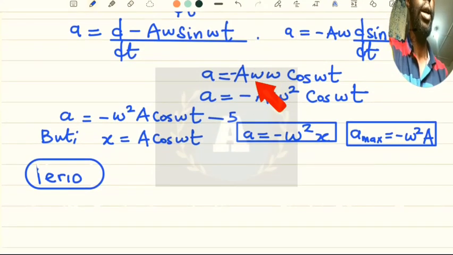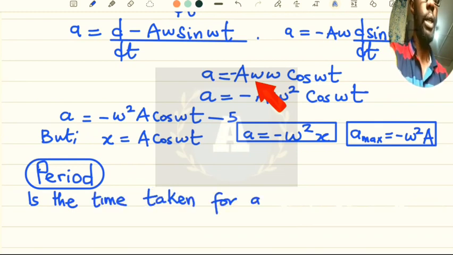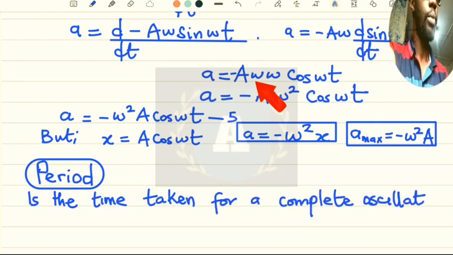Now, the next terminology we use in describing simple harmonic motion is period, and it is actually the time taken to make a complete oscillation.